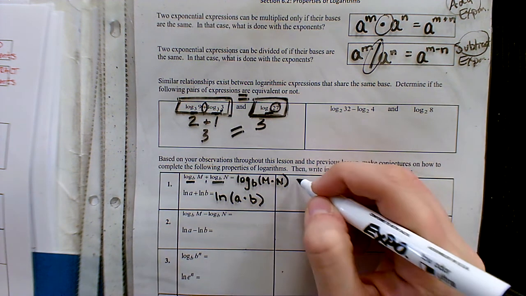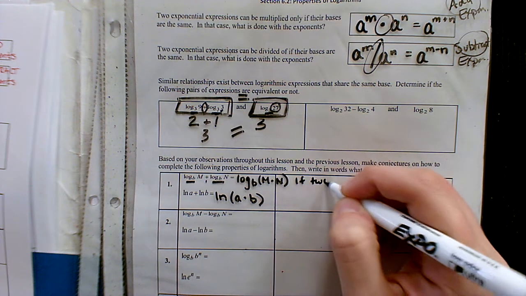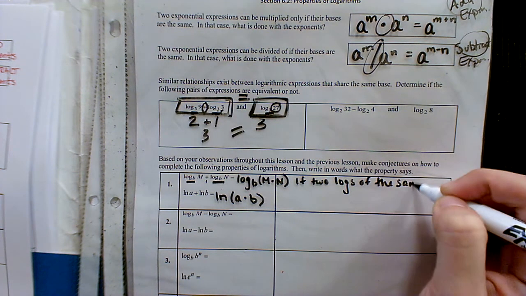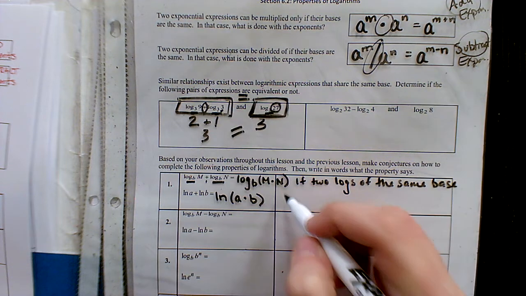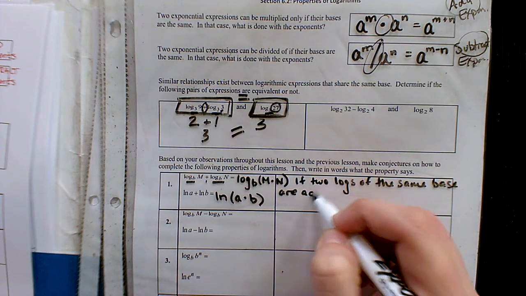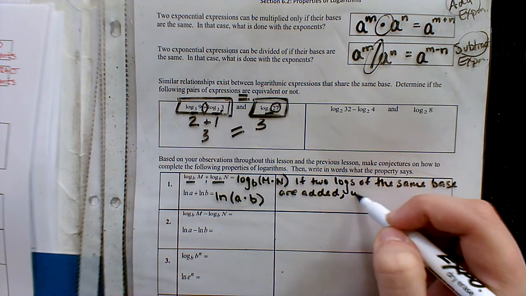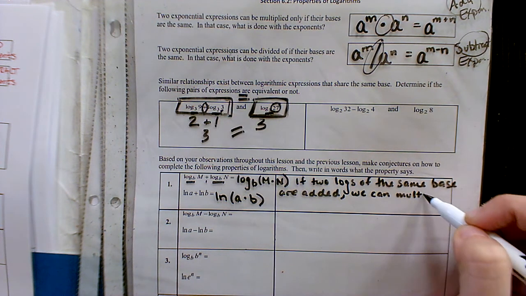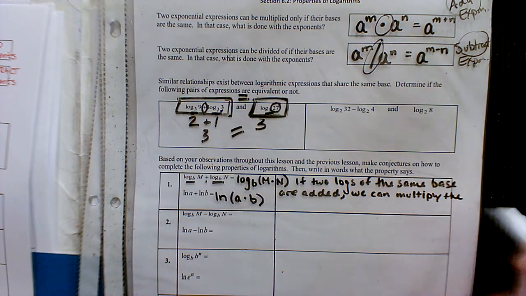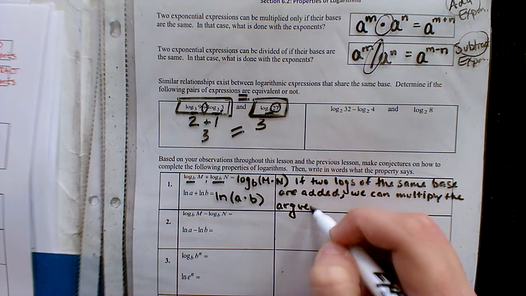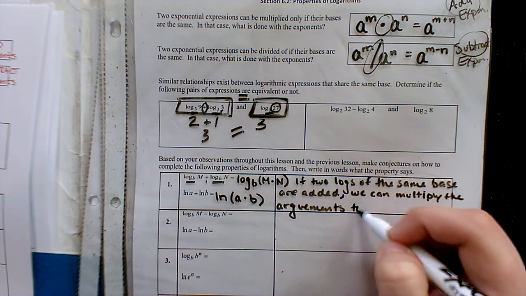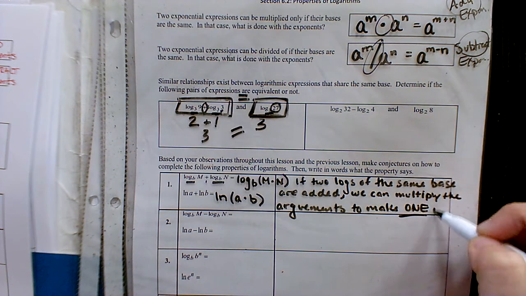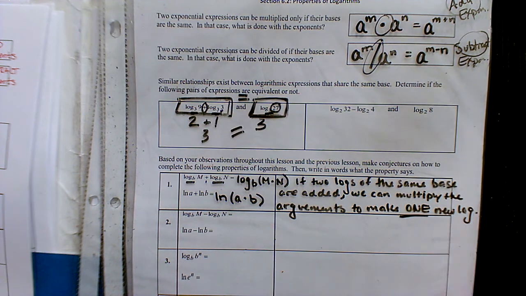So in this box, we'll write down: if two logs of the same base are added, we can multiply the arguments to make one new log.